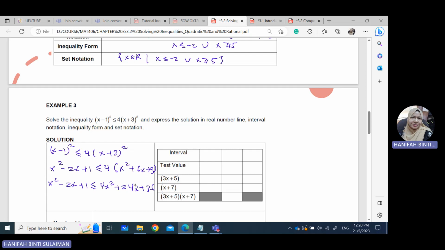Okay, kita bawakan semua ke sebelah sana, kanan. So we have 4x squared minus x squared plus 24x plus 2x plus 36 minus 1, which is greater than or equal to 0.